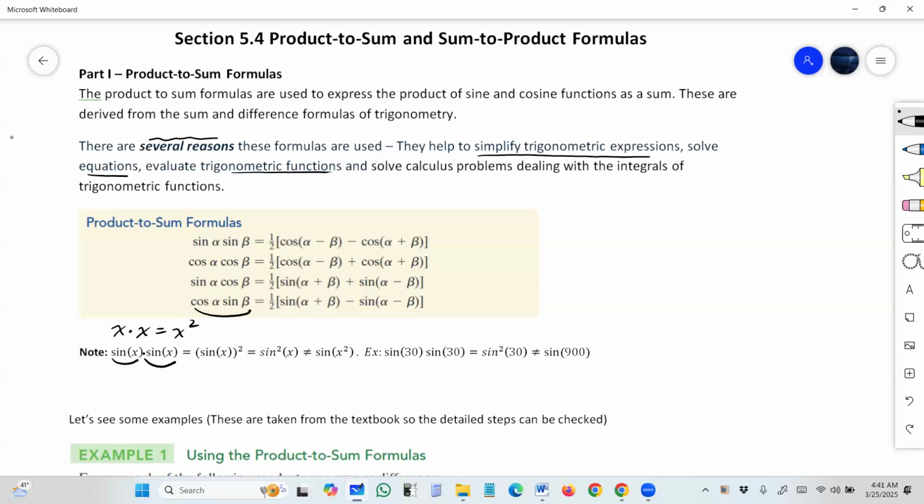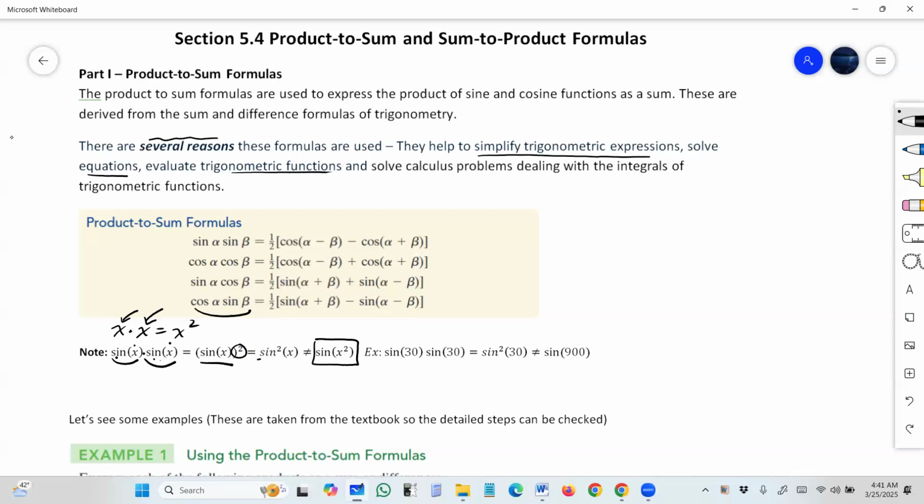Okay, so when I multiply sine x times sine x, I do not get sine x squared. So the angle, right? These are the angles. They do not get multiplied. So here you're multiplying the function. So sine x times sine x is sine squared x.